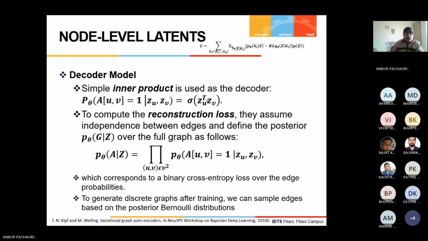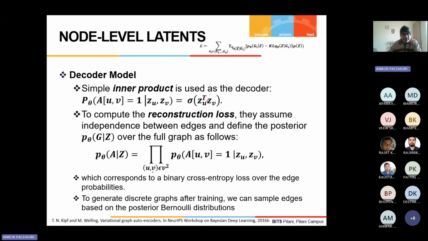To compute the reconstruction loss, what do they assume? They assume independence between the edges and define the posterior p theta of G given Z over the full graph in this form.